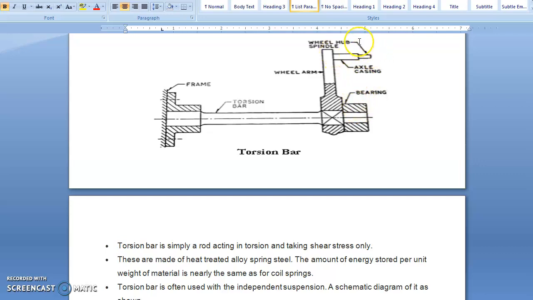The wheel is fitted in this position, and when the wheel strikes a bump, this rod moves up and down, acting as a suspension damper, and therefore it can absorb the shock. So this is all about the torsion bar and coil spring. Thank you.